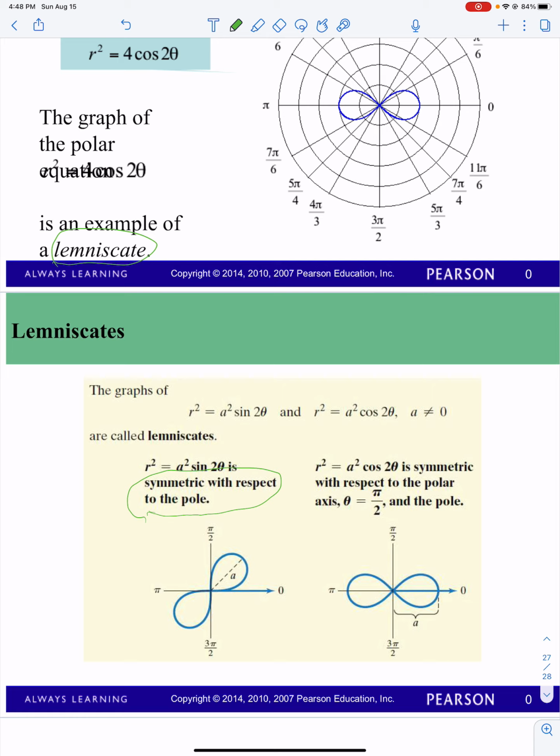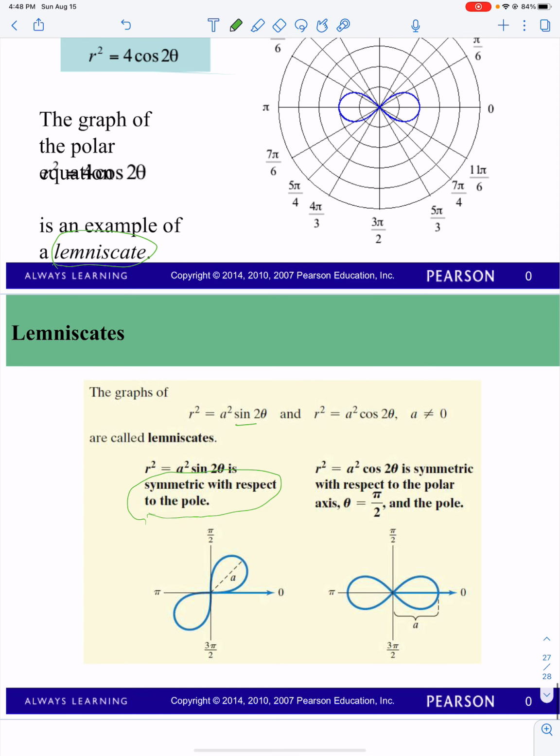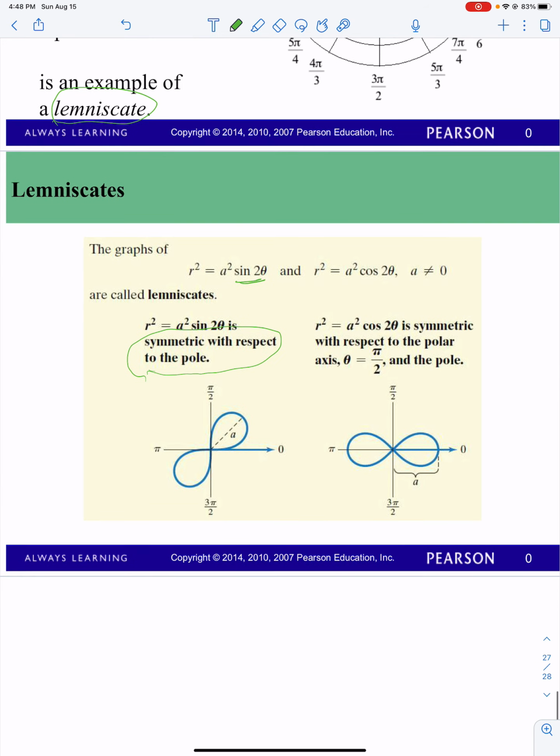Cosine is symmetric with respect to everything. Why is the sine 2 theta one only symmetric to the pole? Because sine is odd. You can practice after the video. Good luck.